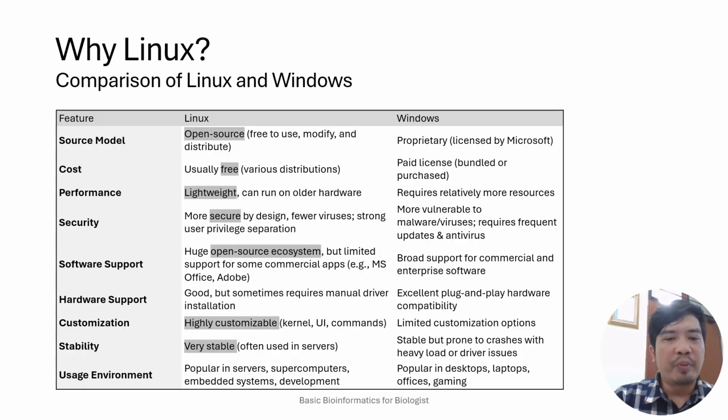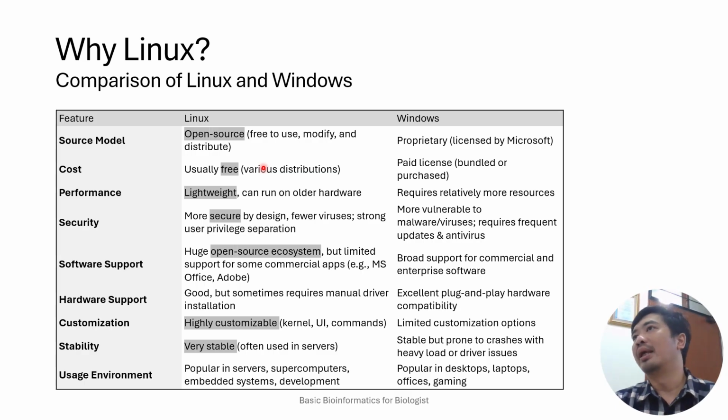This is a comparison between Linux and Windows. Basically, Linux is open source, so you are free to use, to modify, even to distribute it, and it is free of cost. The performance is good, and the software support comes from the community, right?